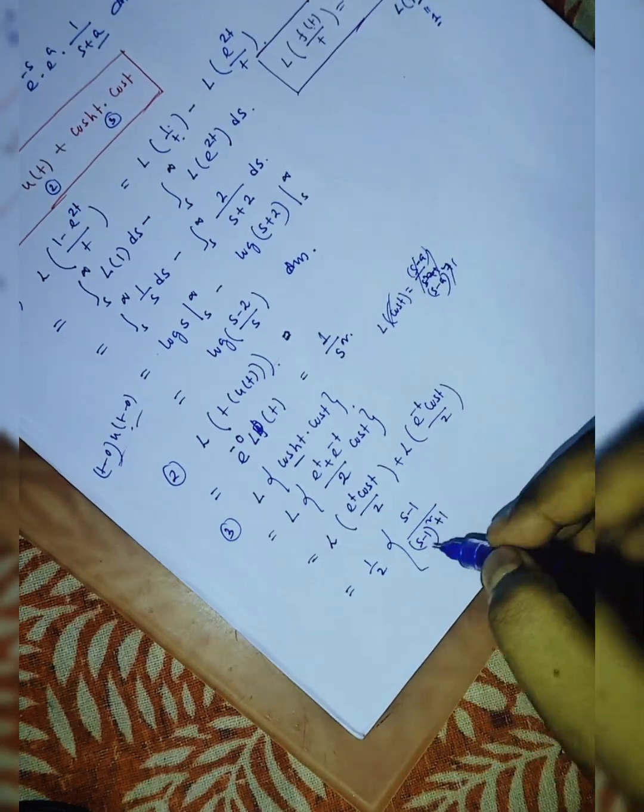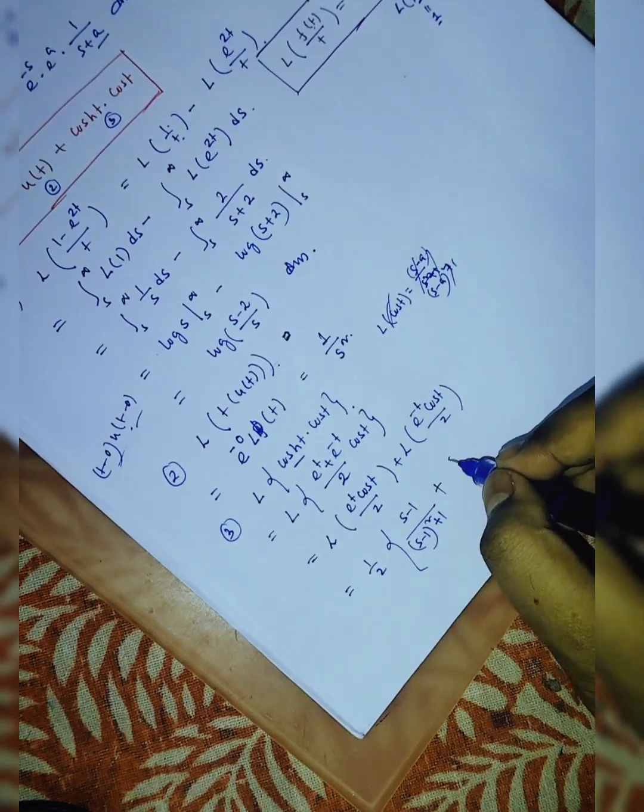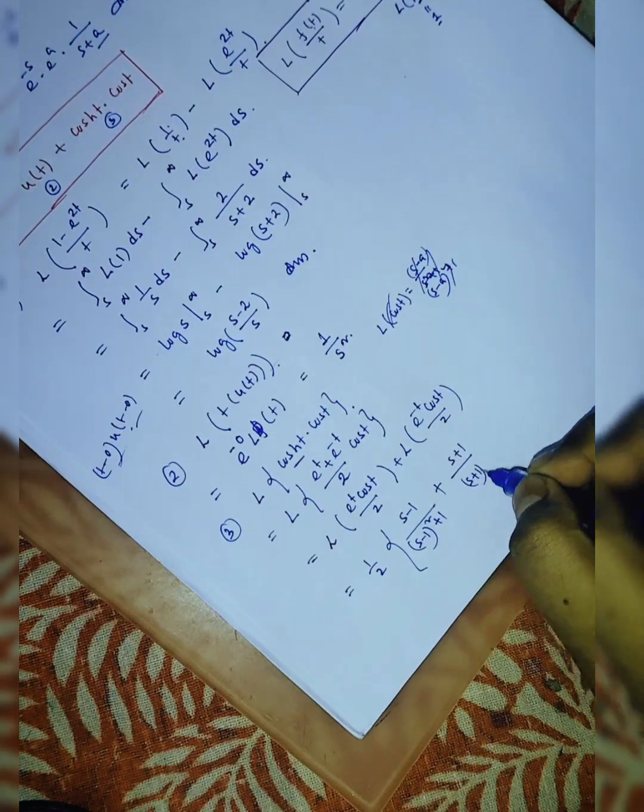So s minus 1 by s minus 1 whole square plus 1, plus here I will get s plus 1 by s plus 1 whole square plus 1.